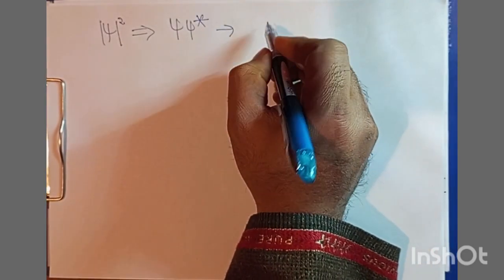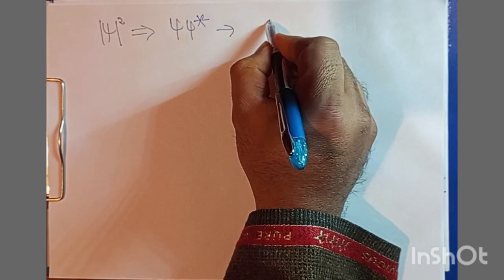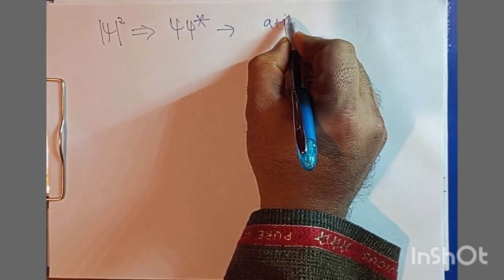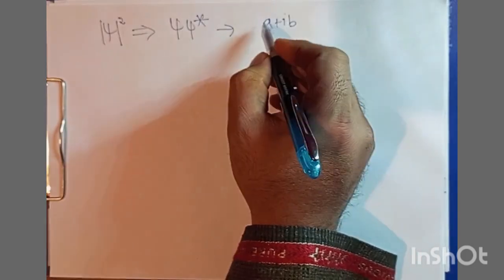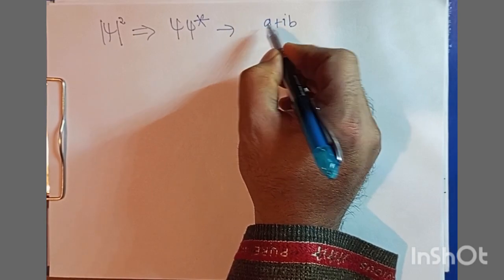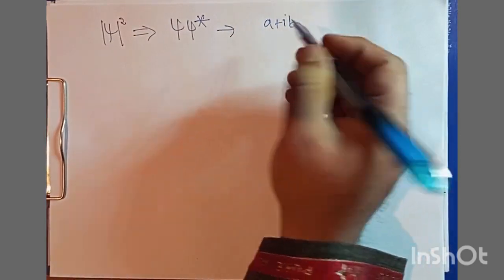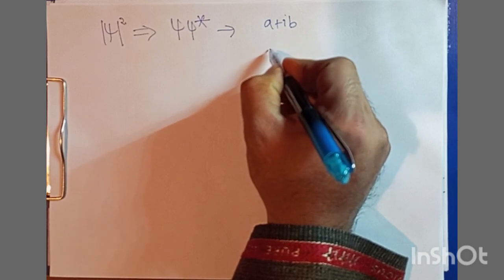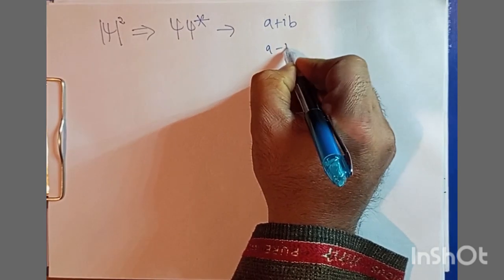If, for example, I have a complex number a plus i b, let us assume it's the wave function psi. If I take its complex conjugate, it will be a minus i b.